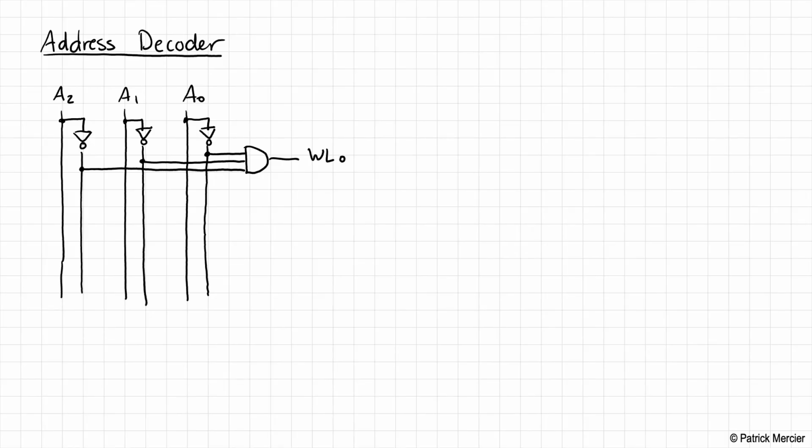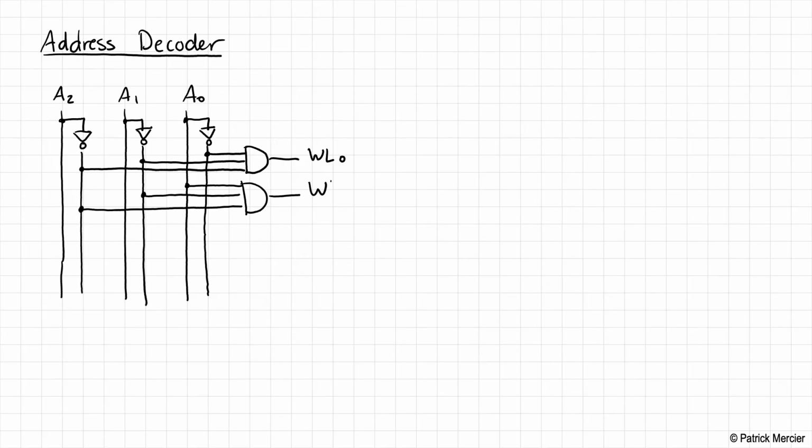So if we have A2, A1, A0 equal to 000, then we're trying to access that row in the memory. And by ANDing these results together, we'll activate word line 0. Likewise, if we want to decode 001, we would just take A0 and then A1 bar and A2 bar.